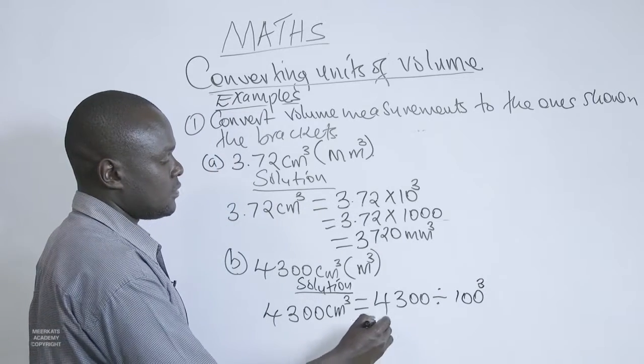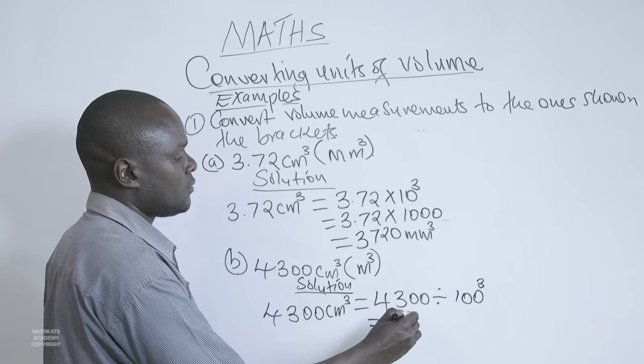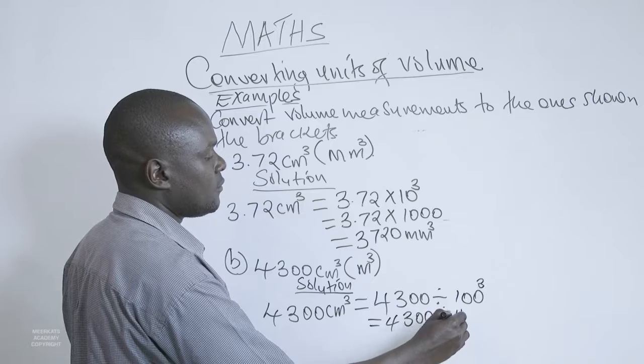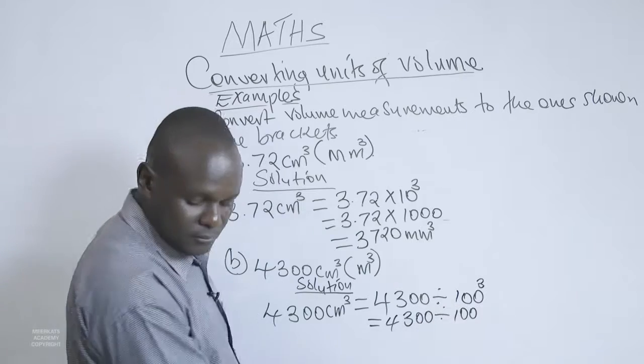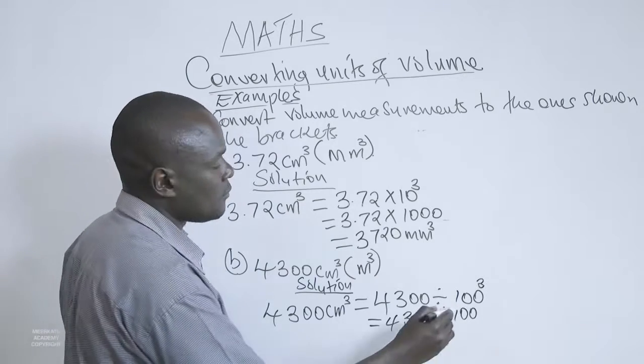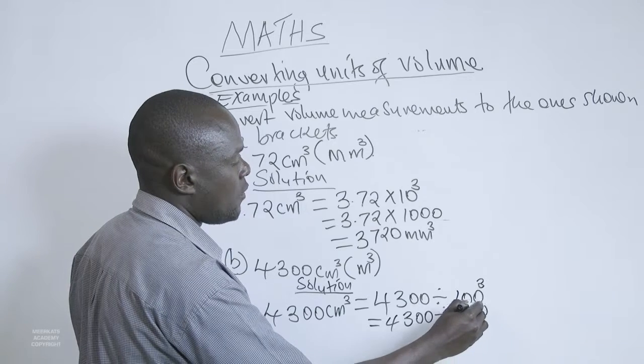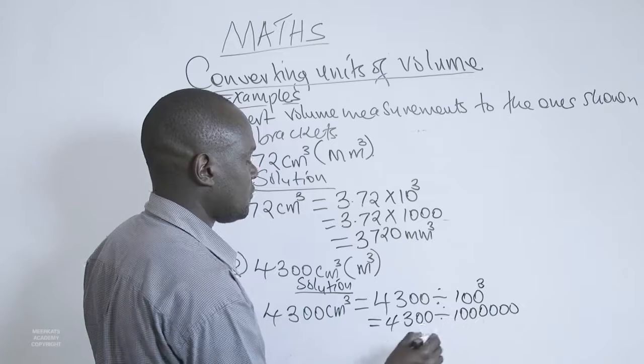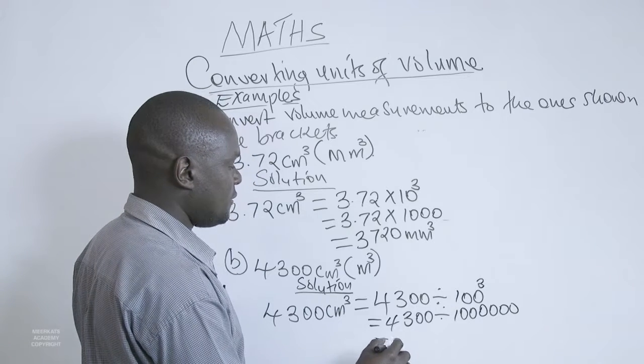And this is the same as 4,300 divided by 1,000,000.